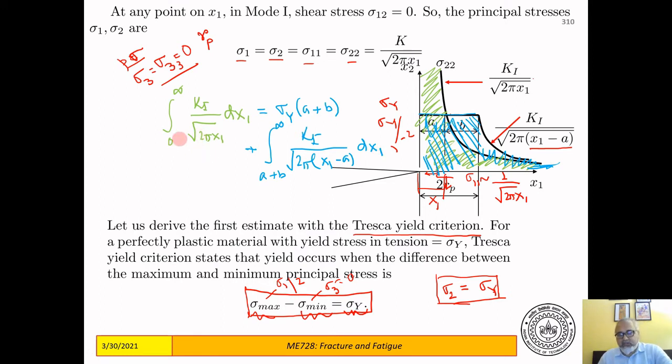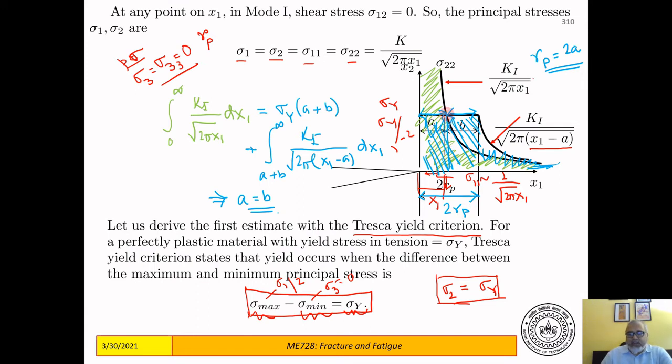So this is the equation for balance of total forces given by the area under the LEFM curve and the elastoplastic curve, and this yields, if you solve it out, it's very easy to do, A is equal to B. So this length and this length are equal, and therefore RP is equal to 2 times A. And we call this total size of the plastic zone 2RP rather than RP.